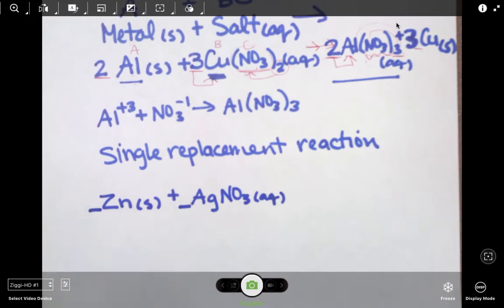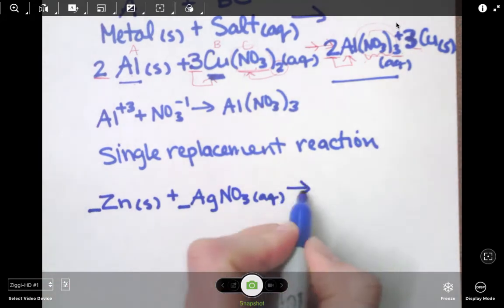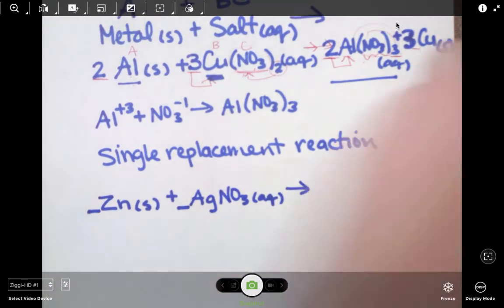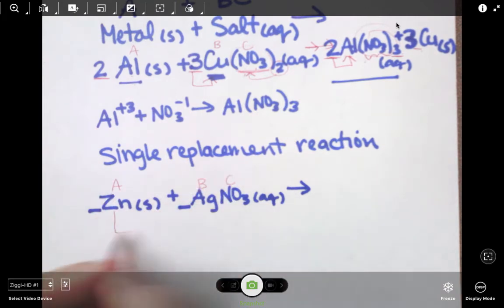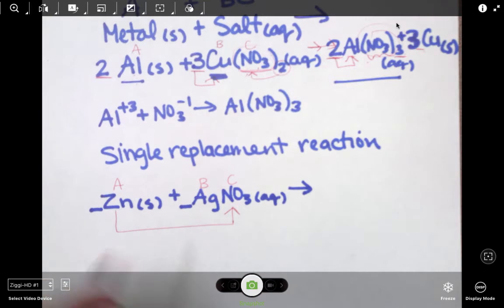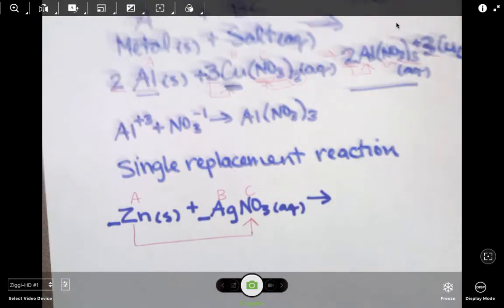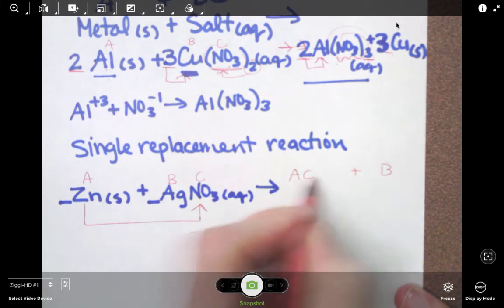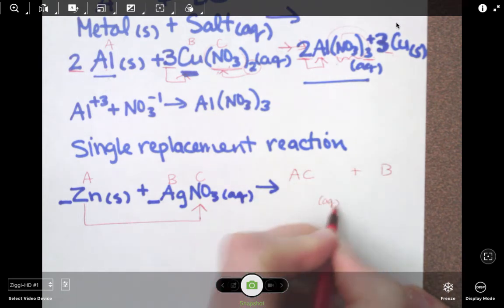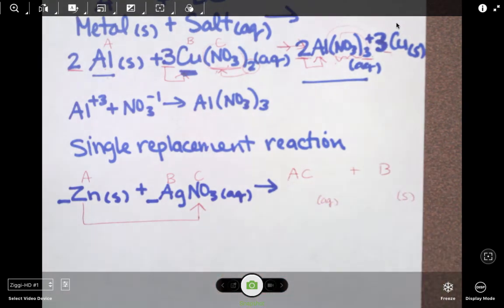Leave spaces for balancing. It's going to produce A, B, C. A is going to connect with C, and B is going to end up alone. So it'll produce AC plus B. AC is always going to be aqueous, and the B is going to end up as a solid.